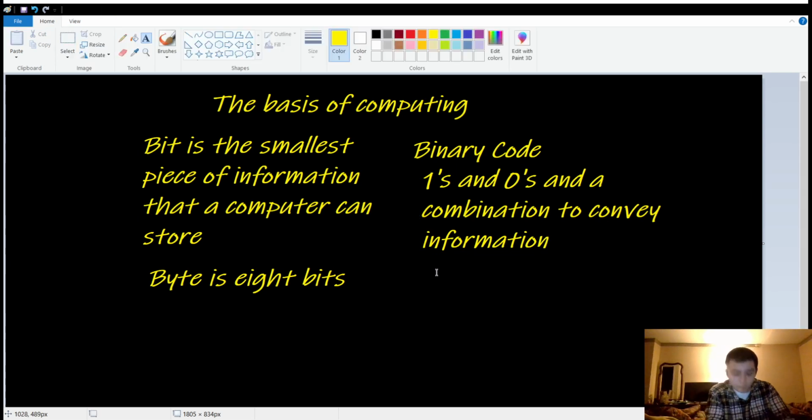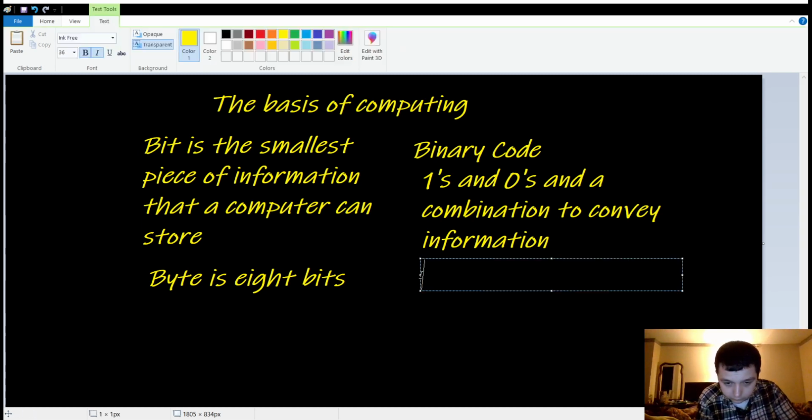But essentially, it's this whole thing about computers, they function in ones and zeros. So basically, why is it ones and zeros?